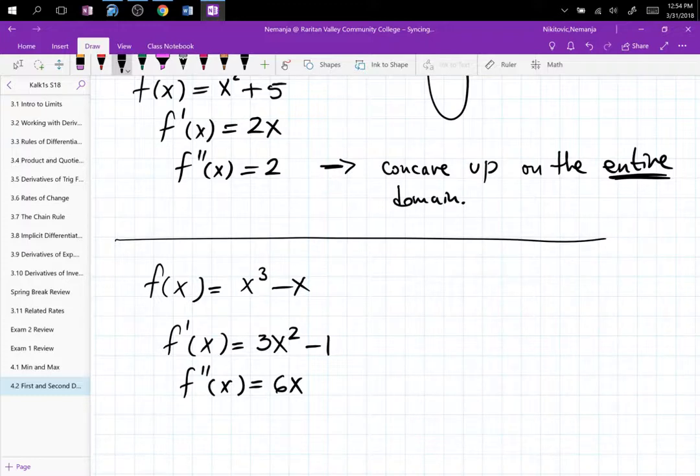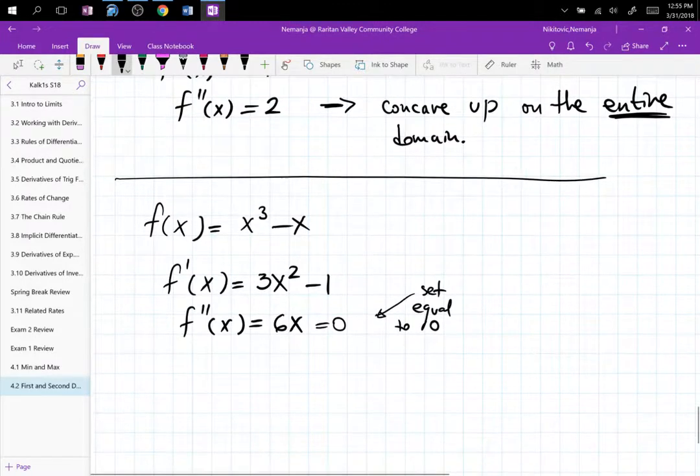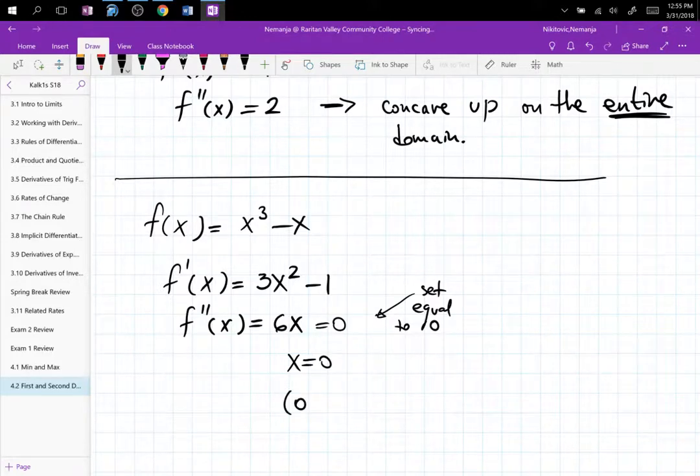And this is the procedure. Now we can actually do something. So set the second derivative equal to 0. Solve the equation, you get x equals 0, and you get your point (0, 0).